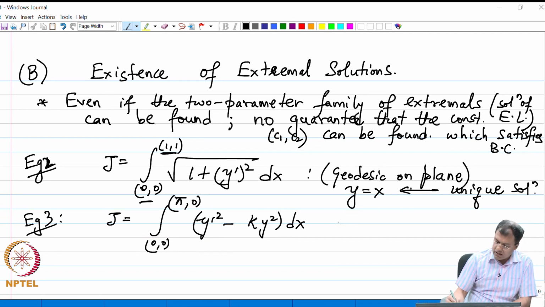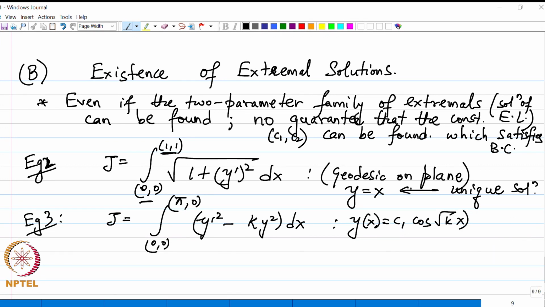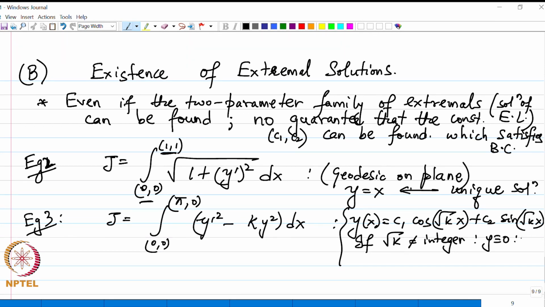We know that the solution to this problem was y of x equal to c1 times cos square root k x plus c2 times sin square root k x. We have further seen that the solution exists satisfying the boundary condition, and there would be two cases. If square root k is not an integer, then y identically 0 is the unique solution.